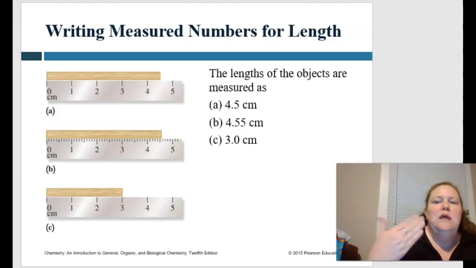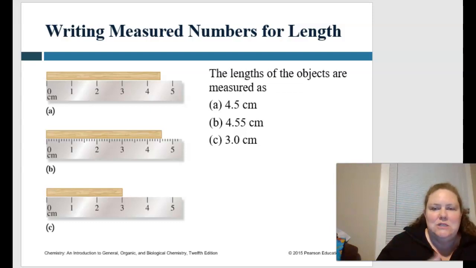Okay. An example of this is if we're using different rulers, they can have different gradations and they can be a little bit more accurate or less accurate, and this is an example of that. So the lengths of the objects are measured as in A here. We can see that it's between 4 and 5. We can roughly say it's 4.5 centimeters.